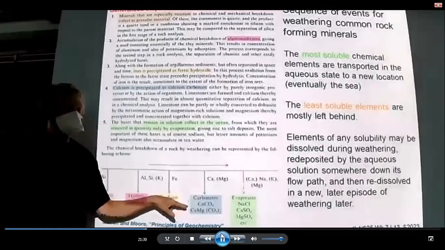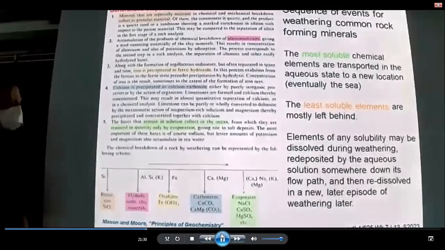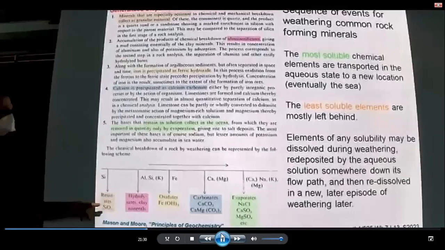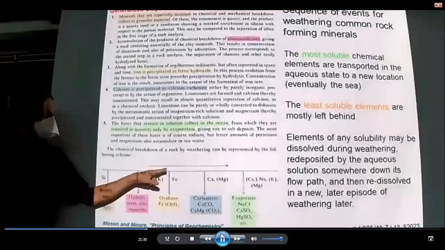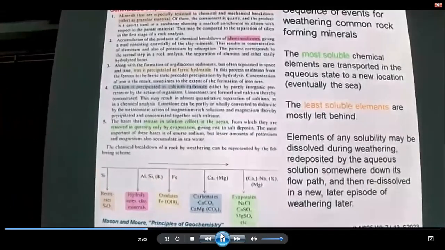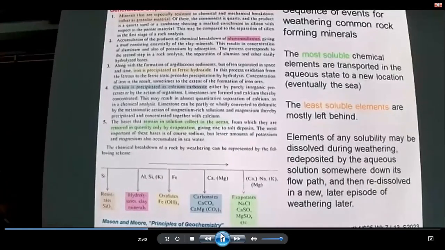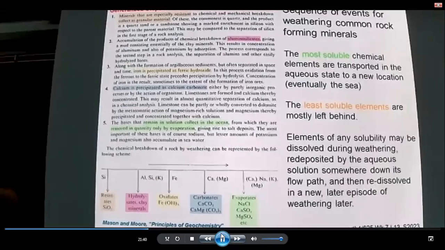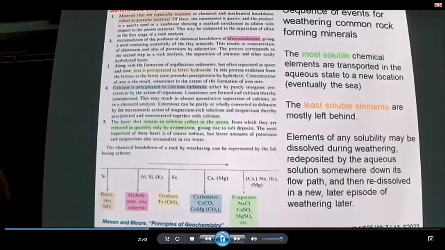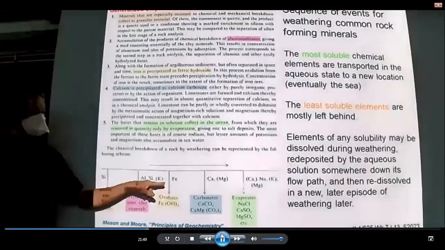So as water percolates through, we pull the sodium and the magnesium and some of the calcium off more quickly than the fraction of calcium that reprecipitates as calcium carbonate, or the amount of iron that reprecipitates as iron oxyhydroxides, or the amount of aluminum that reprecipitates as aluminum hydroxide, also known as gibbsite.